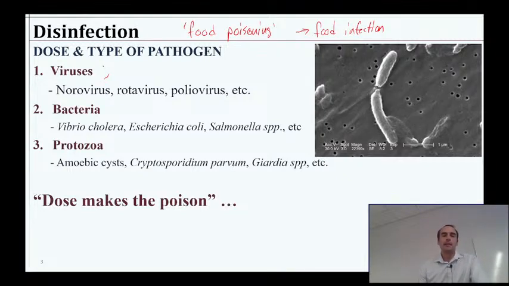It only takes something like 10 to 50 viruses to get you sick. So these are pretty resistant to our stomach acid. There doesn't have to be a ton of them. And once they're in your system doing their disruptive thing, they're making a lot more viruses.